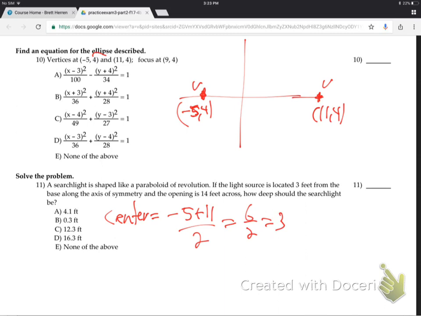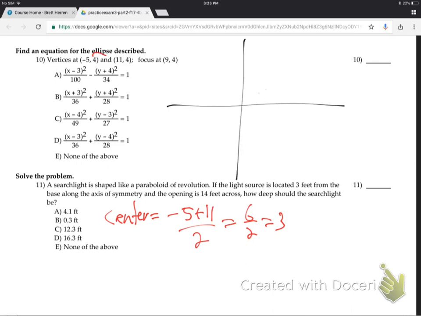Let me do a little more accurate coordinates here. It's back 5, up 4. So there's that point, and then over 11, up 4.